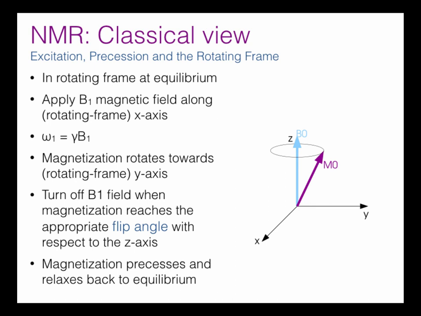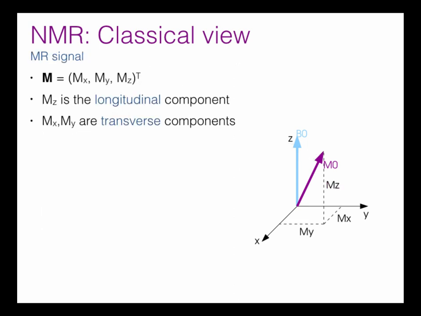Okay, so eventually when we turn it off, the magnetization starts to precess, just as we discussed before, and then it gradually relaxes back to equilibrium, which means that the length of this vector changes. So this magnetization ends up coming back towards B0, but it doesn't just rotate back the same way it came down.